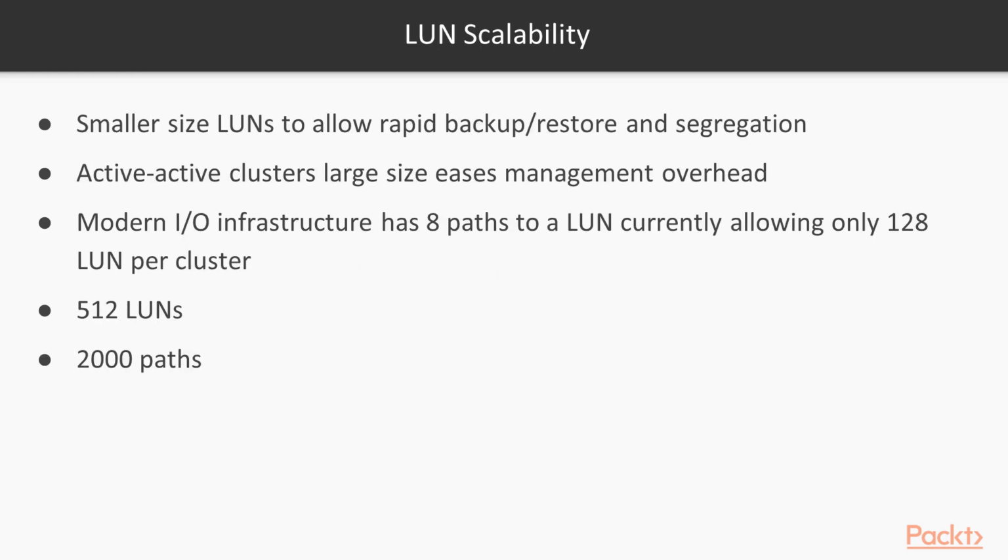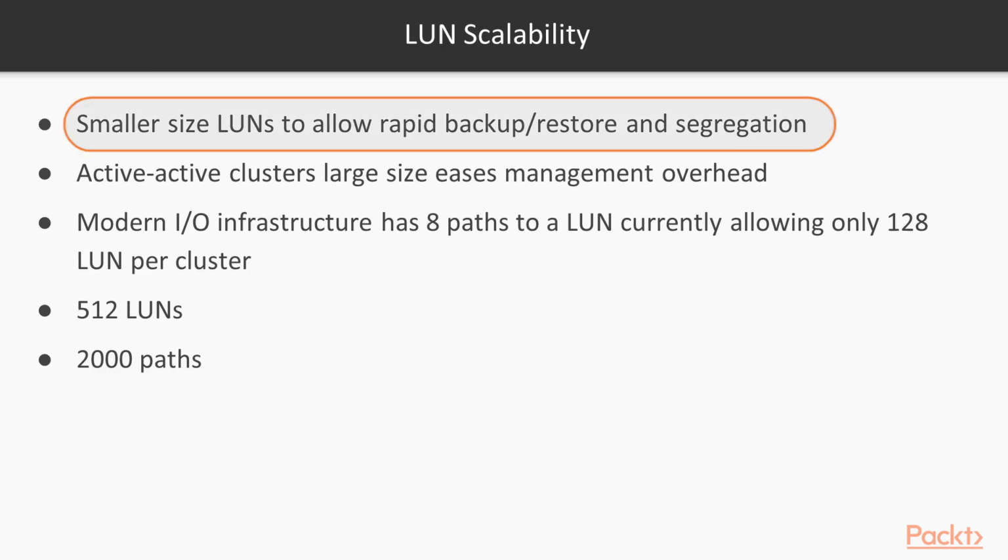So first up is LUN scalability. Of course, if you have smaller size LUNs, it means that the time it takes to back up and restore them is much less than if we had very large storage LUNs. Also, smaller size LUNs from a security perspective allow us to segregate data of a certain type, or data that has certain security restrictions, into manageable scenarios.